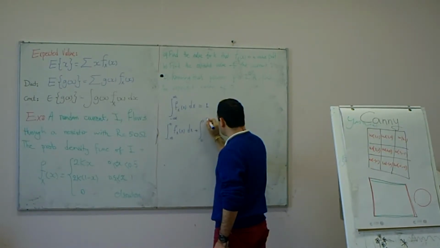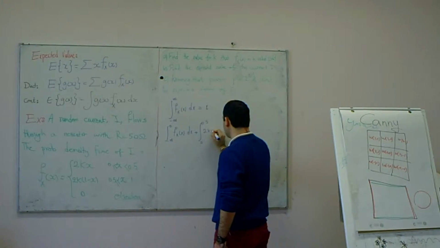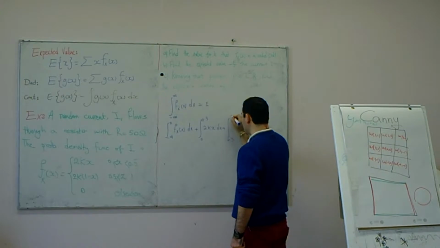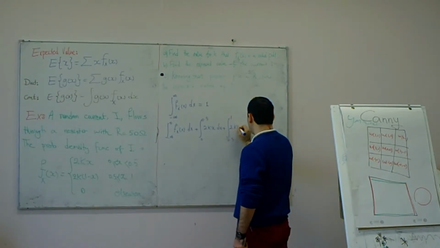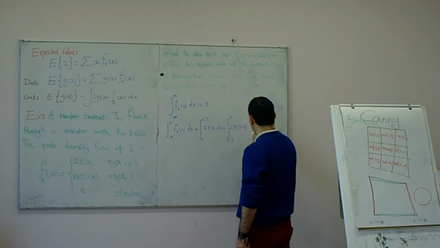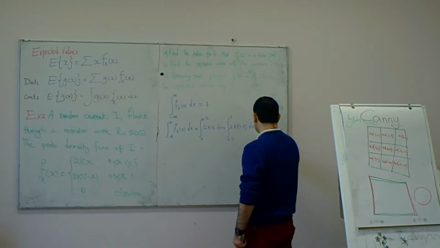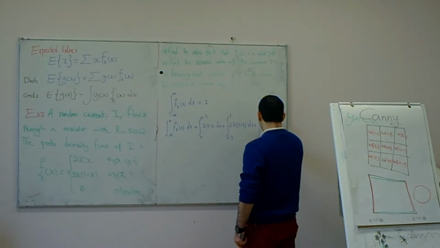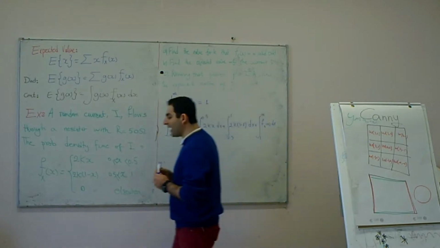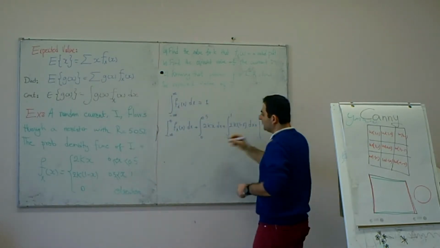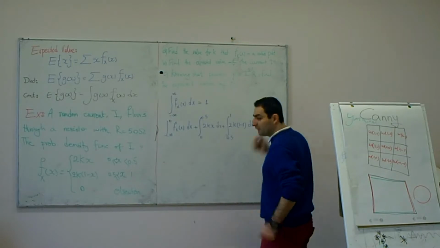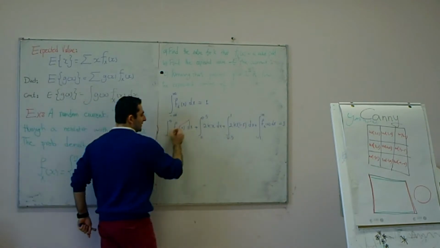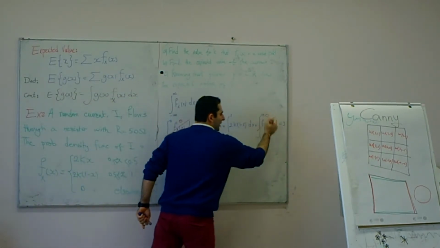From 0 to 0.5, I have 2kx dx. From 0.5 till 1, I have 2k(1 minus x) dx, plus the integral from 1 to infinity of whatever the function is. Now, can you tell me the value of the function from minus infinity to 0 and from 1 to infinity? It is 0. So basically you should calculate these two simple integrals and equate the sum to 1.